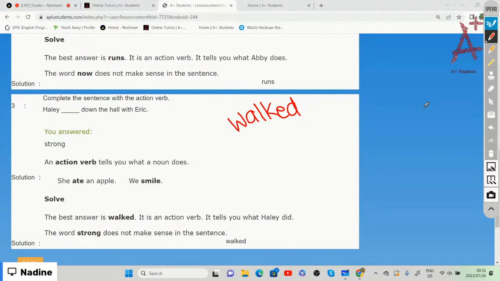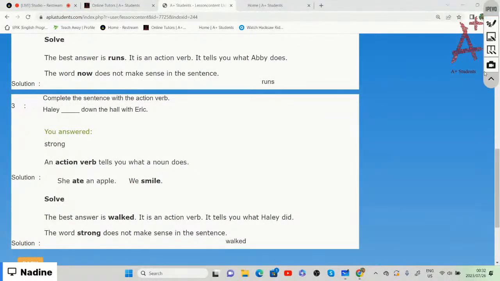Our action verb is "walked." And once again, an action verb tells us what the noun does. In this case, Haley is the noun, and what did Haley do? She walked, right?